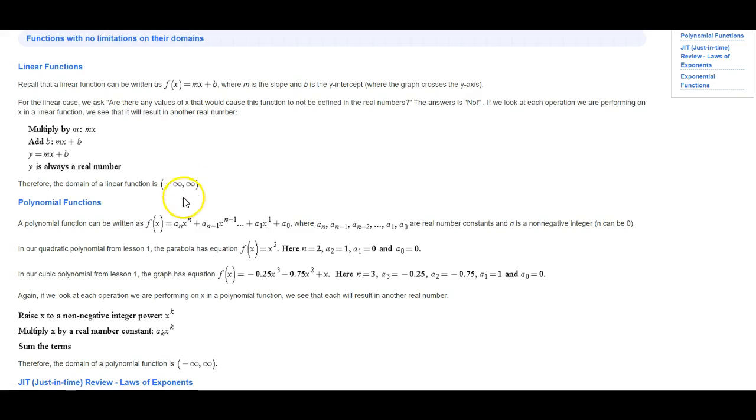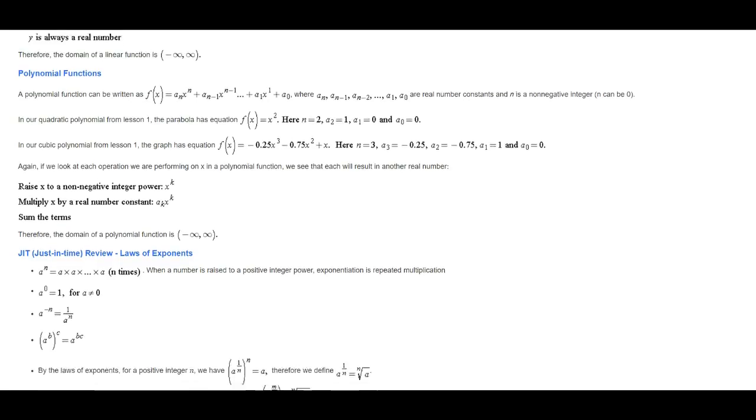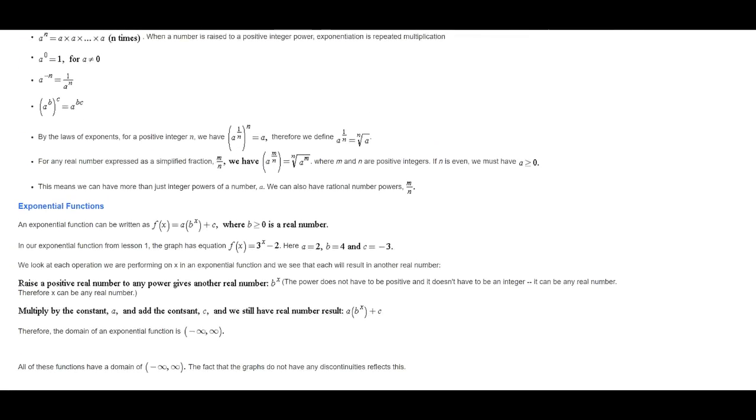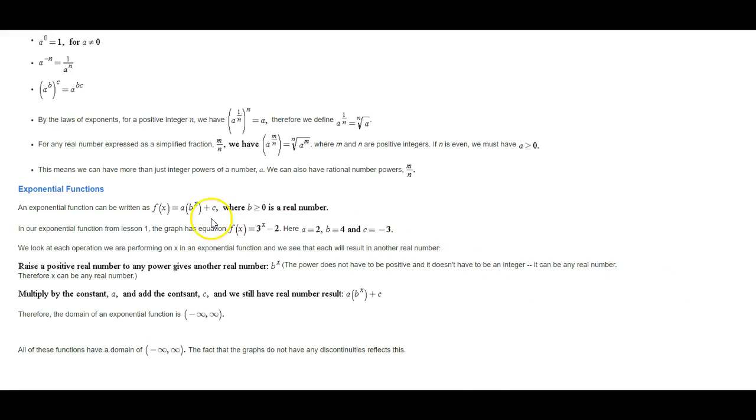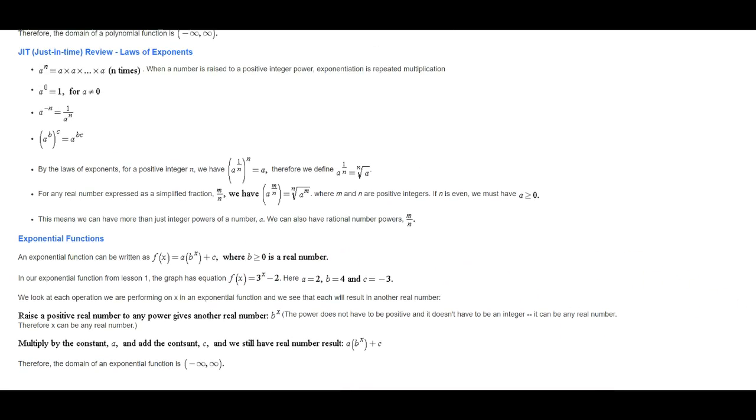Their domains are all real numbers, and the reason is because you're not dividing by any value of x, basically. Exponential functions, same thing. Their domains are all real numbers. You can raise a real number to any power, and you still have another real number.